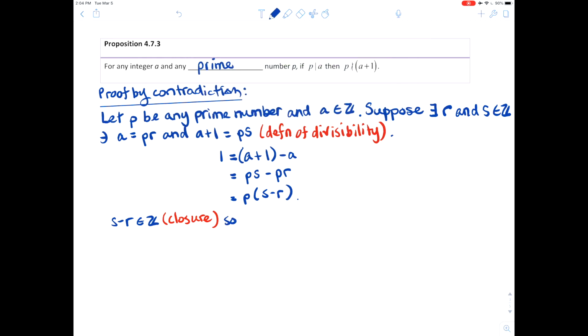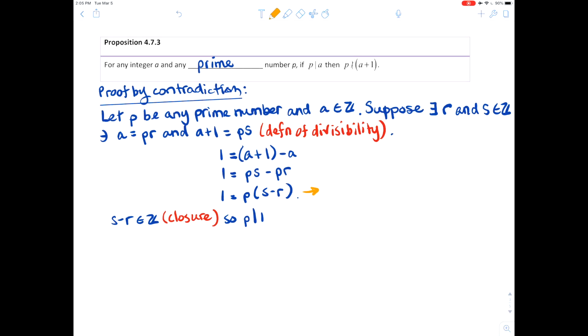So p would have to divide 1. Why? This here is saying that 1 is a multiple of p, right? Cool. So p must divide 1.